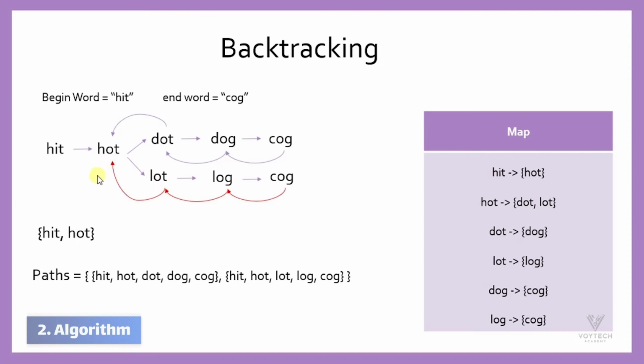So we backtrack again and we remove it from the list. So we reach the begin word, and obviously there's no other transformation other than hot, so we remove it from the current path. Now the current path is empty, and we only have two possible paths stored, and this is the final answer that we need to return.